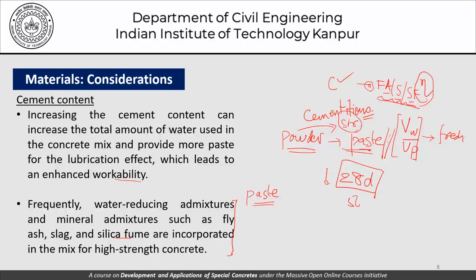It could be 56 days or 91 days, because if we are using mineral admixtures, the strength development continues for a much longer time. And there is an argument that instead of 28 days, we should do our quality control in high strength concretes at 56 day or 91 day.